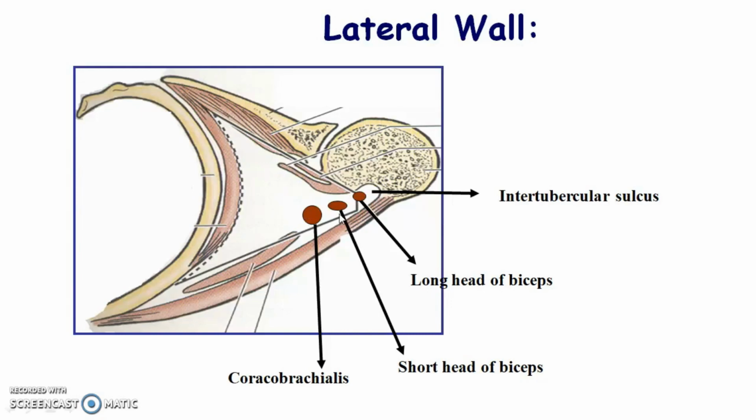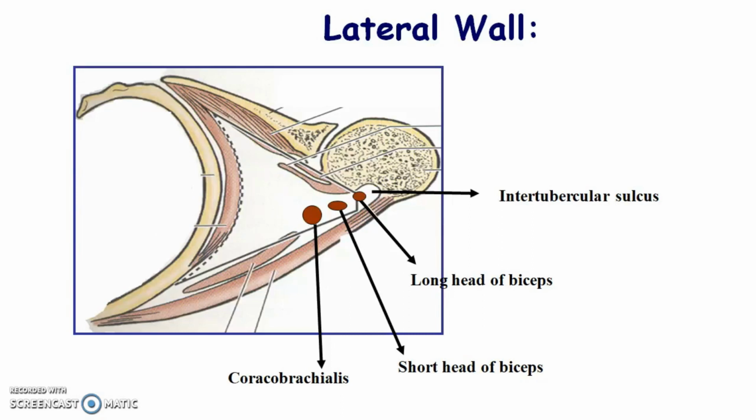In the lateral wall, 3 muscles are going to contribute. One is the long head of biceps, another one is the short head of biceps along with coracobrachialis. So these structures will be seen closely related to the intertubercular sulcus, which was also mentioned while telling about the lateral wall. That's all about the boundaries of the axilla.